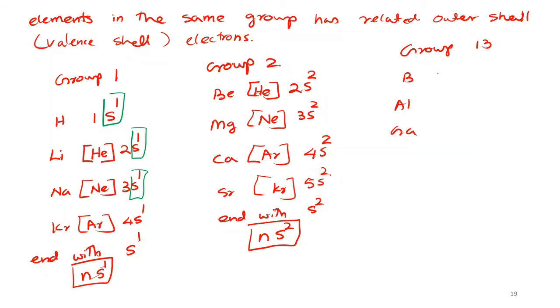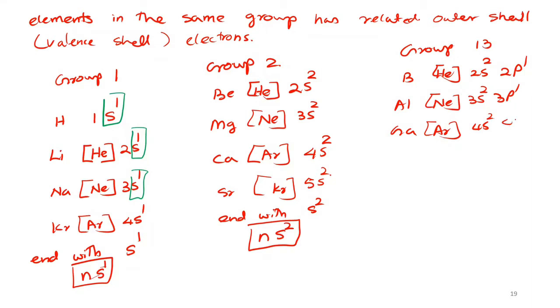will see that the electron configurations end with helium 2s2 2p1 for boron, and for aluminum it's neon 3s2 3p1, and for gallium, that is argon 4s2 4p1.